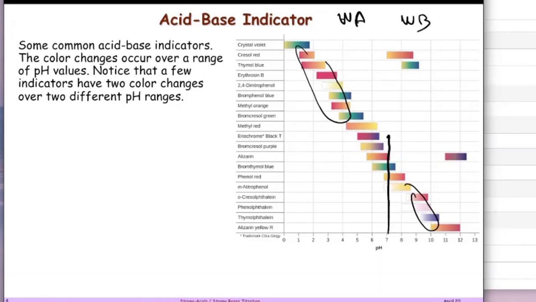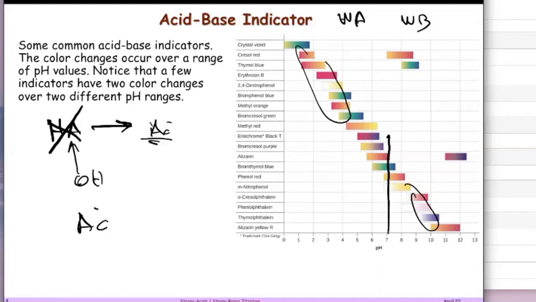Because remember, the conjugate of a weak acid will convert over to a base. And so if in your titration you eliminate all the acid, let's say you introduce hydroxide, then the only chemical left in your beaker after you've neutralized that weak acid is that conjugate base. And guess what the conjugate base will do?